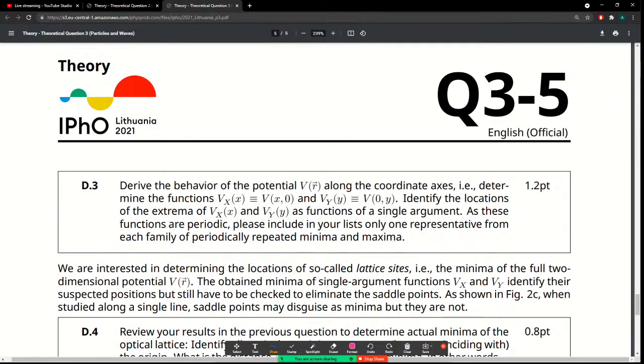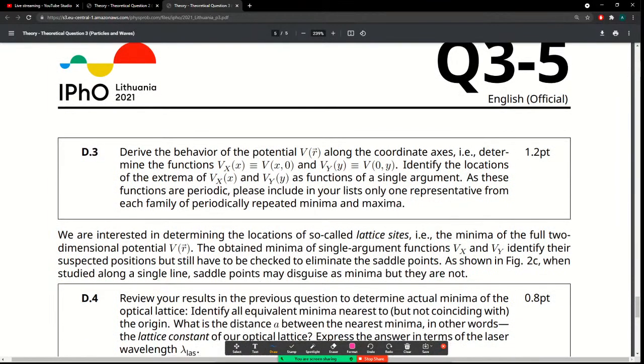Identify the locations of the extrema of Vx of x and Vy of y as functions of a single argument. As these functions are periodic, please include in your list only one representative from each family of periodically repeated minima and maxima. Okay, that's a lot to take in.